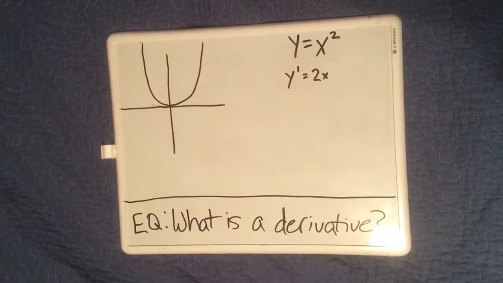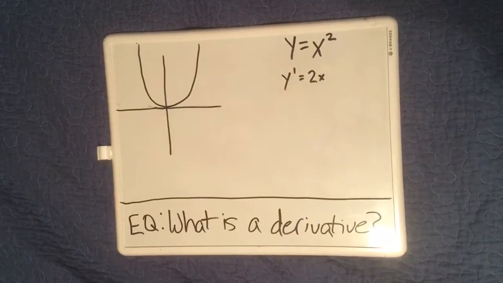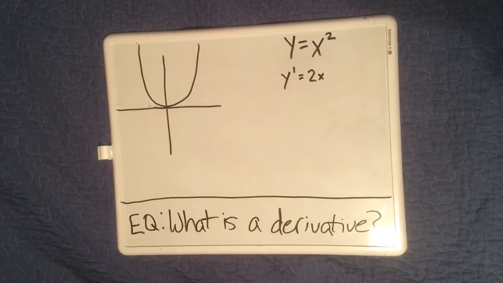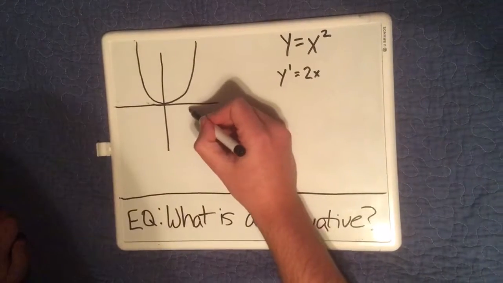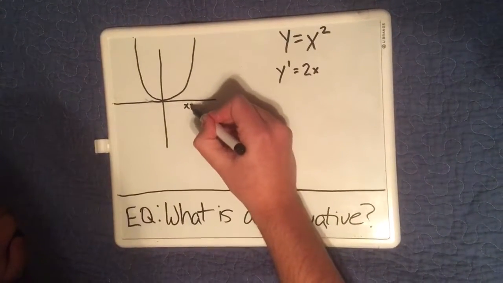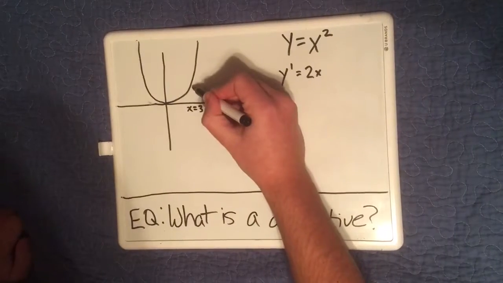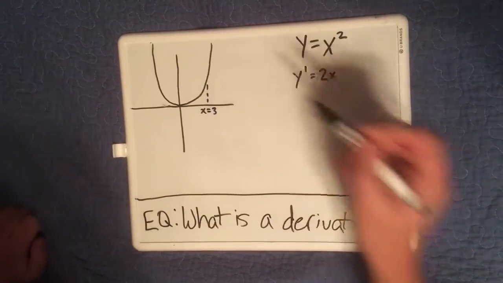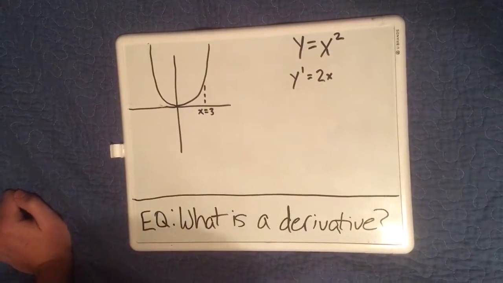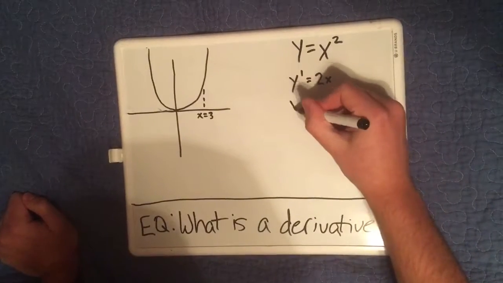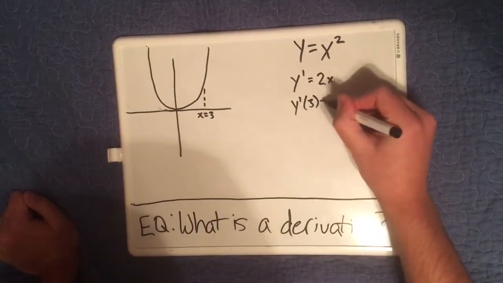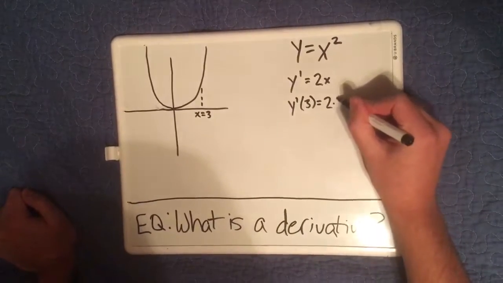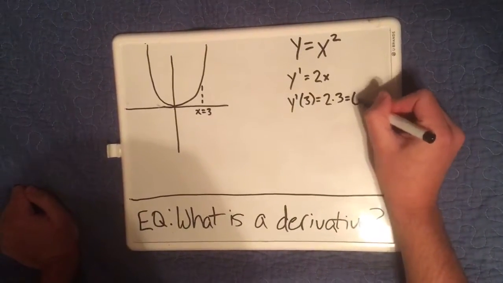Now, if you're looking at a certain point to find the slope of the tangent line, say the point is x equals 3, which would be roughly right here, all you have to do now is plug in x. So y prime of 3 would equal 2 times 3, which equals 6.